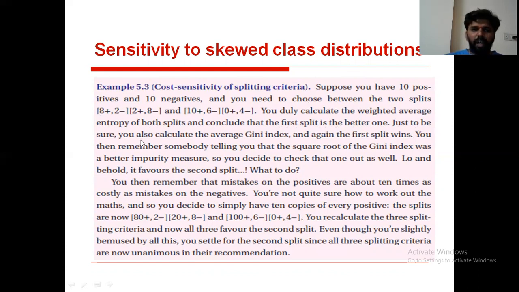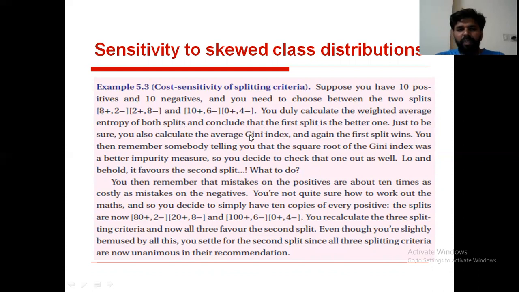You also calculate the average Gini index. We calculated entropy for both splits and concluded the first split is better. And using Gini index also, the first split has the highest rank.